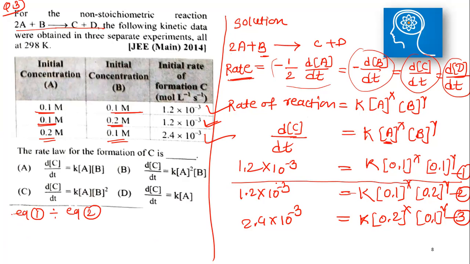सो काय मिळेल आपल्याला, so it gets cancelled out, k cancels out, 0.1 to the power x, 0.1 to the power x again cancel out. Here is 0.1 to the power y, 0.2 to the power y. So here we'll get 1 is equal to 1 upon 2 to the power y.